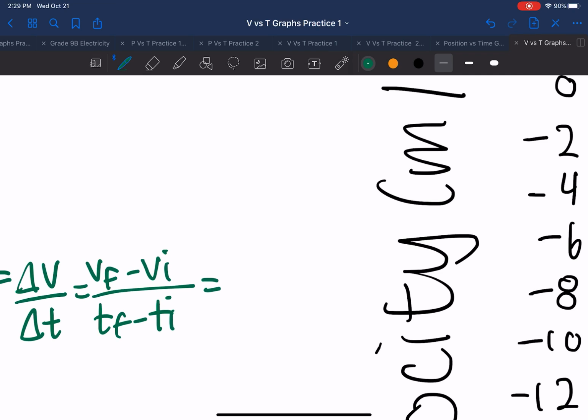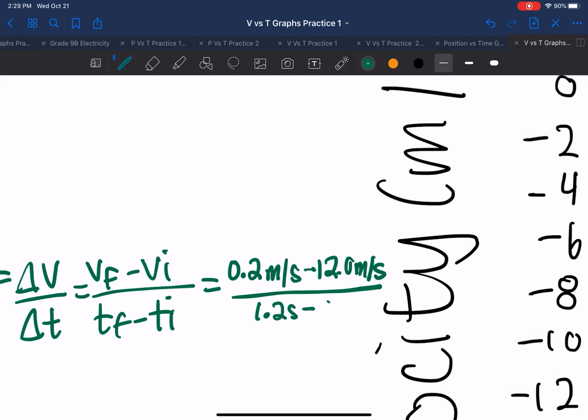So I'm using Vf of 0.2 meters per second minus 12.0 meters per second over 1.2 seconds minus 0 seconds.